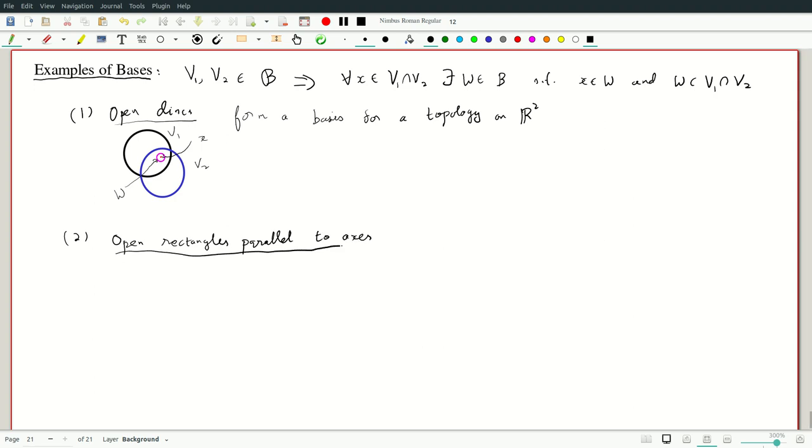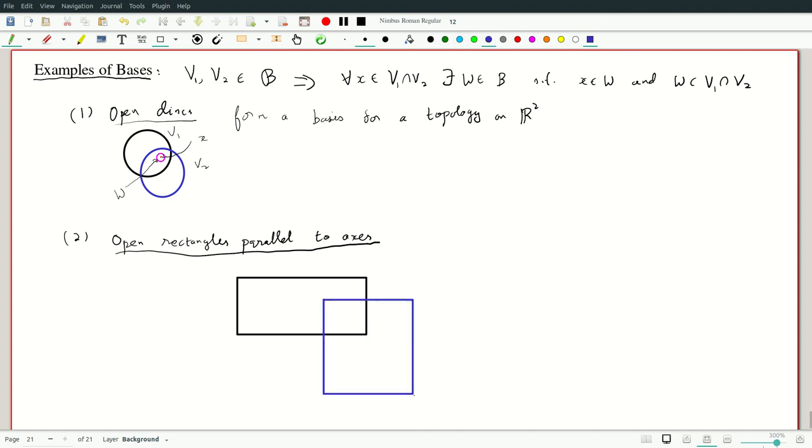Once more, this is because if I took two open rectangles parallel to the axis, one of them this black one here, and another one this blue one here, and I took any point in the intersection, then I can find a rectangle, this time a little easier, parallel to the axis, which is contained in both of them.